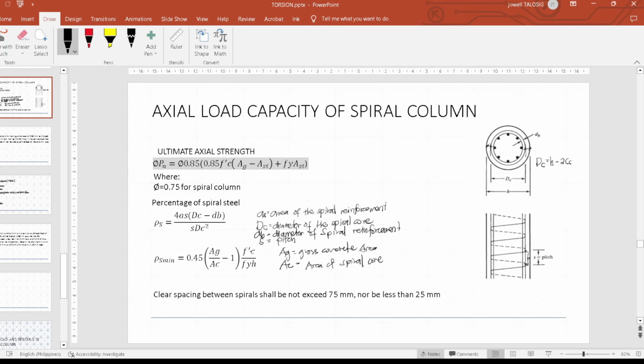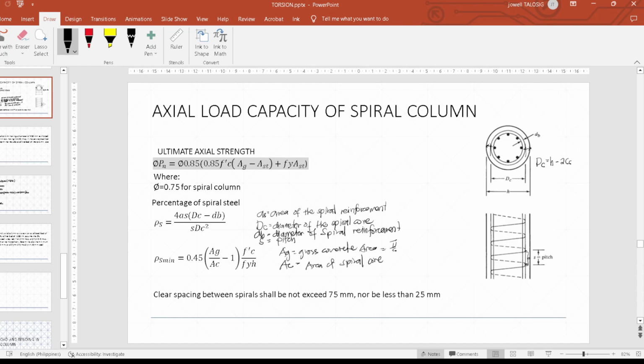Okay, so 0.45 times the quantity Ag over Ac minus 1, times the quantity f prime c over fyh. So the new term here is the fyh. So what is fyh? It is the yield strength of your spiral reinforcement, no?